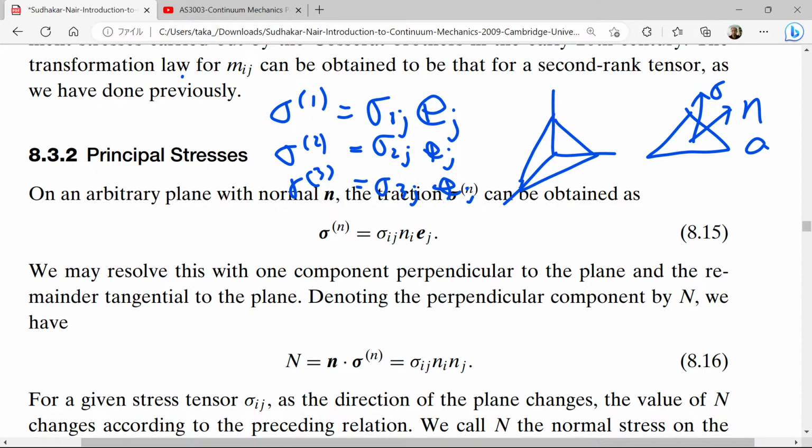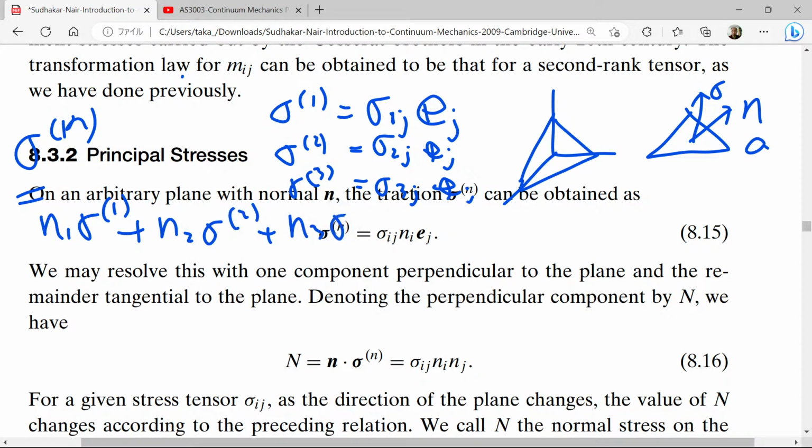Okay. So the n is more like this: n1 sigma 1, this is like sigma n. Sigma n is like this: n2 sigma 2, n3 sigma 3.